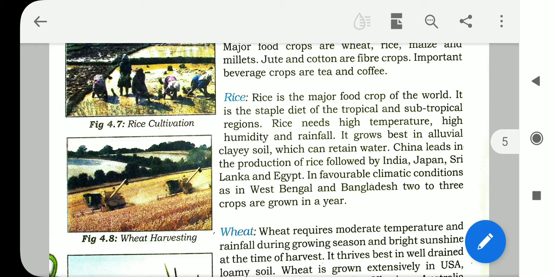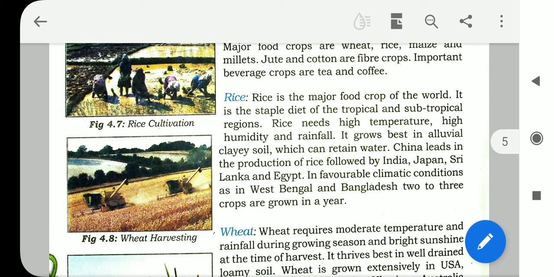But due to some climatic conditions which are favorable for these crops, like West Bengal and Bangladesh, in those areas two or three crops are grown in a year. That means three or two times.